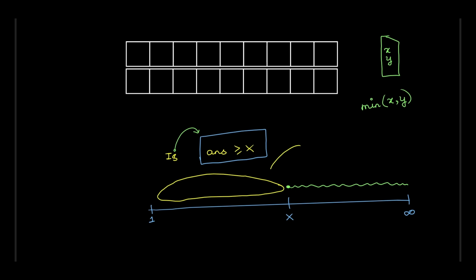The answer is no, because there is at least one configuration where the answer lies on this right hand side. Even if there are multiple configurations where the answer lies on the left hand side, why would you pick them instead of this one answer that was greater than or equal to X, residing over here? Because you have to maximize the value.